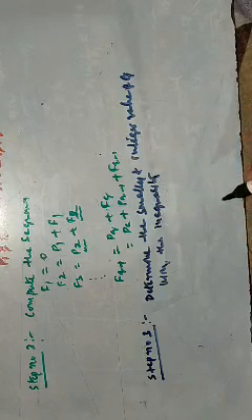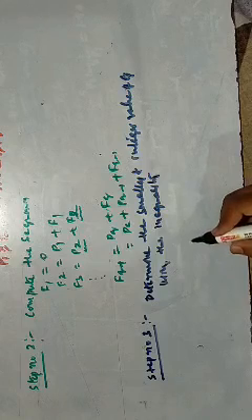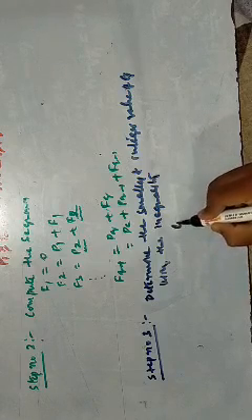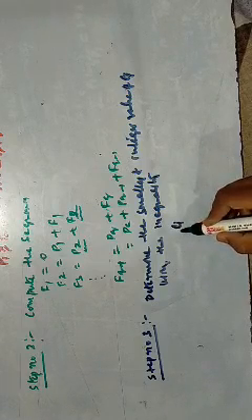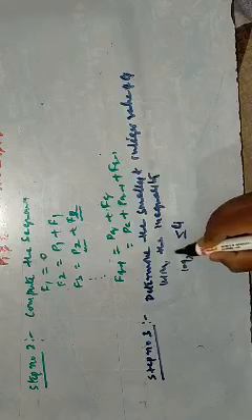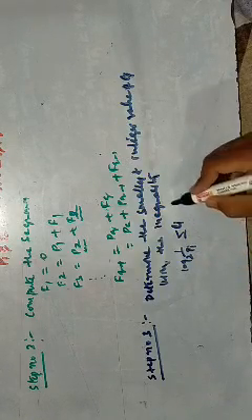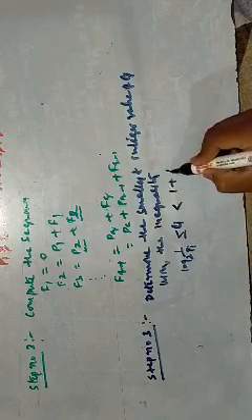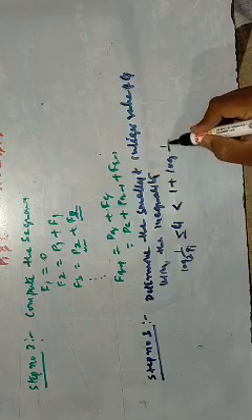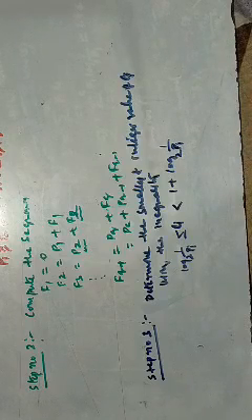This is the concept where we find the integer, the length of the code. Li, the length we expect to obtain, should be greater than or equal to log 1 by pi to the base 2, and less than 1 plus log 1 upon pi to the base 2. This is step number 3.